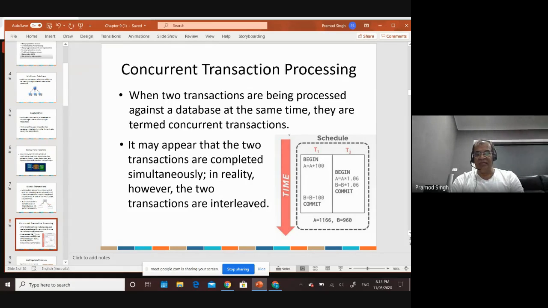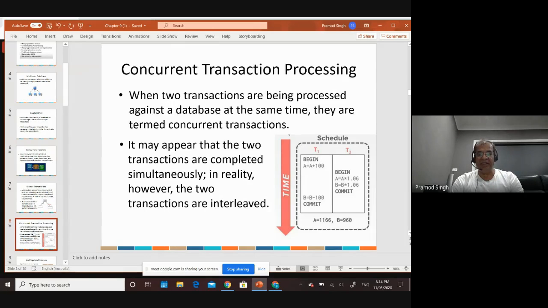So that's interleaved. Interleaving means T1 was not completed. In the middle, it just completed one statement, and then in between transaction 2 came and it completed the whole transaction of it, and then T1 did some work.